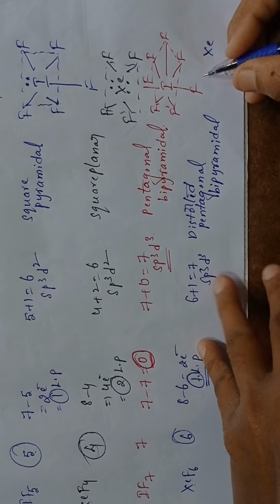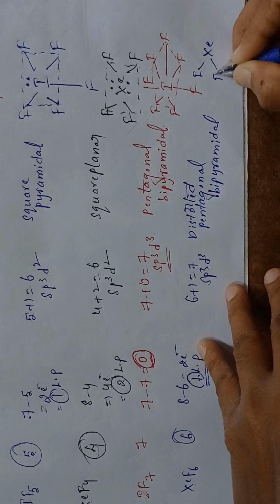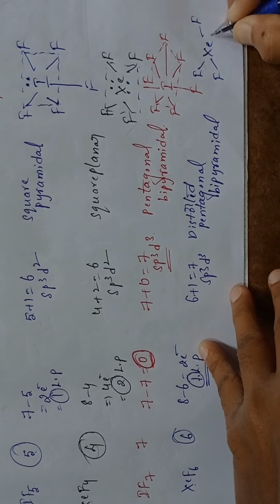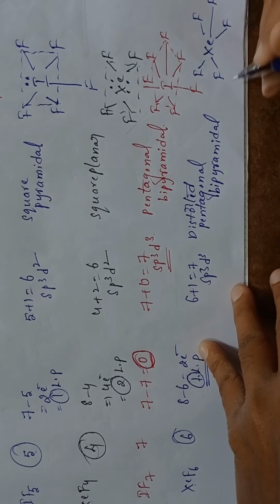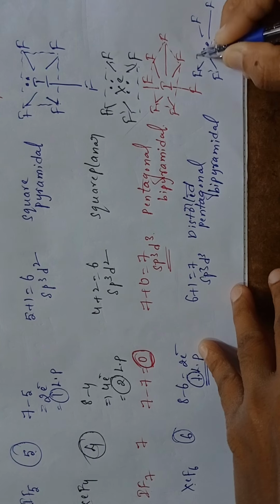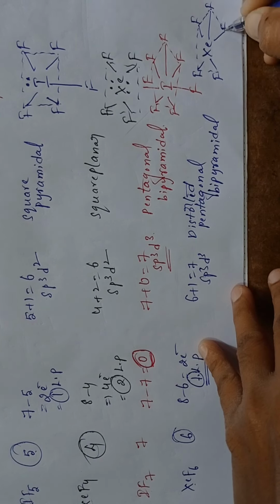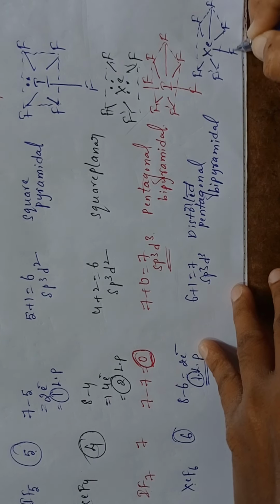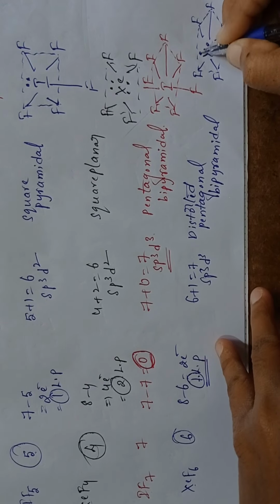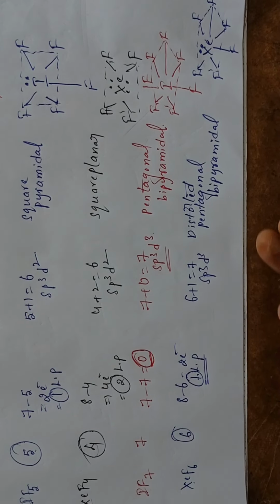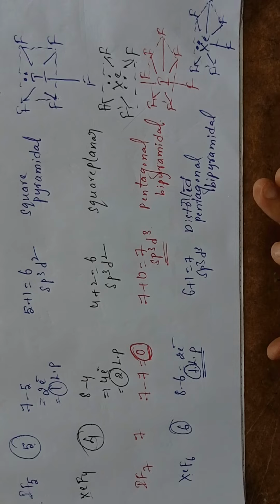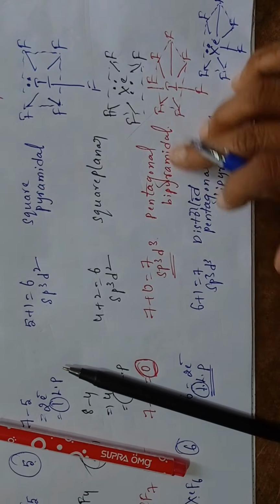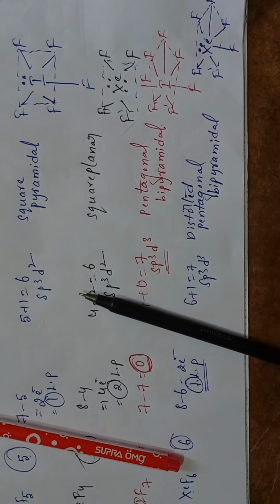Now see here, XeF6 shape. This is F, F, here F, here F, here F. Here one more F. One lone pair is present here. Okay. So this is about the shape and geometry, everything I discussed with you.